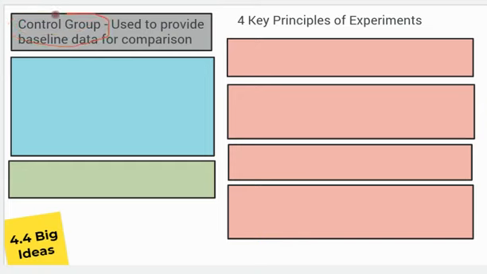Most of the time, the control group receives a placebo, and then you compare the other groups that got a particular treatment back to that control group that got the placebo. So that's a control group.